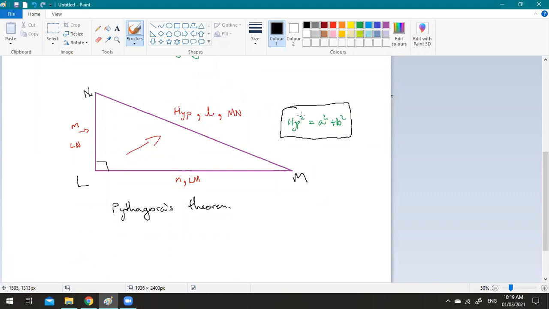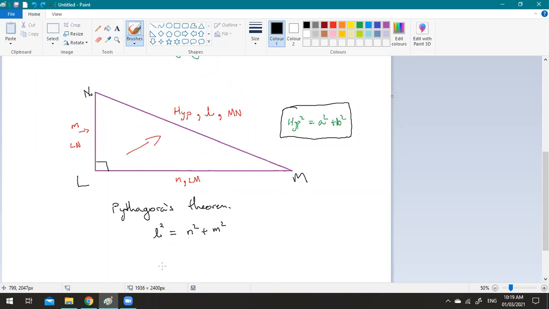I put hypotenuse squared is equal to A squared plus B squared, but in this triangle we don't have A, we don't have B. We have L, M, and N. So it could be L squared equals N squared plus M squared. It doesn't matter which you put in front, it will still look like the same thing.